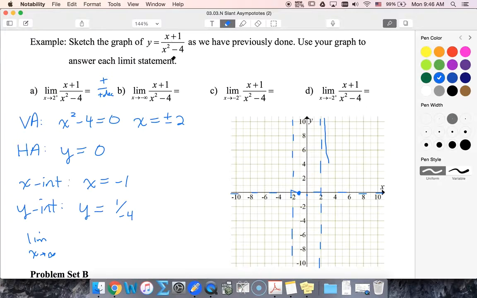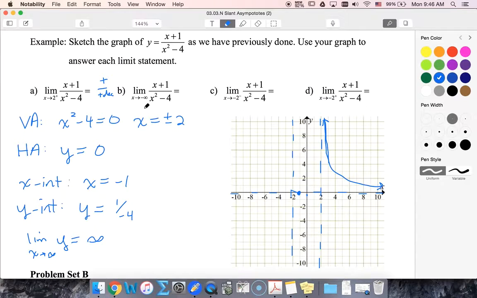Both of those values will be positive, so I'm going to approach 0 from the positive side. So the limit as x approaches infinity of y is 0, and I'm approaching it from above. All right, let's check this one out, knowing that I suspect it's going to go this way.